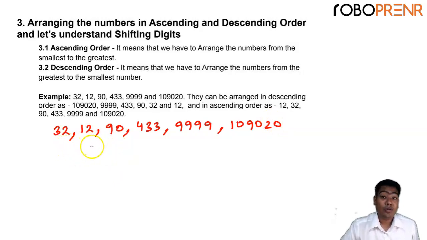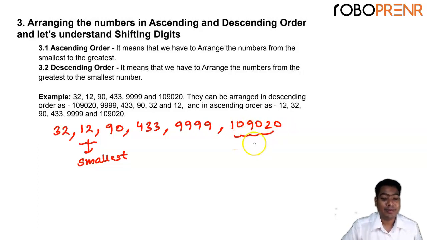We have to find the smallest number first, so we have to compare all these numbers. When we compare, we find 12 is the smallest number, and 109020, since it has the largest number of digits, will be the greatest number.